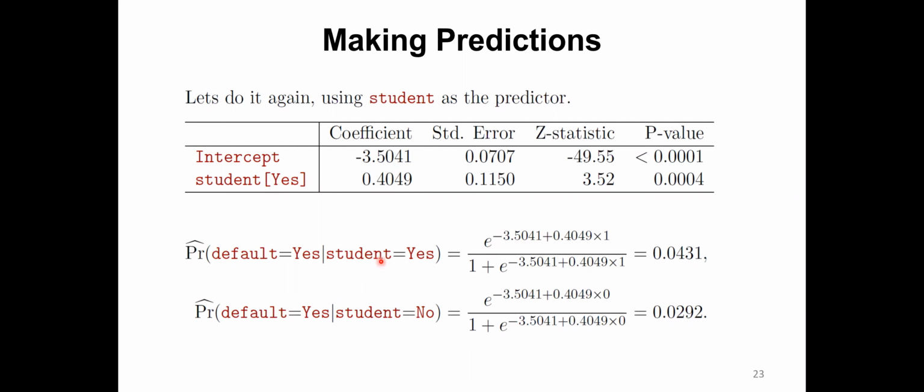Given that this credit card holder is a student, what's the probability of default? And given the credit card holder is not a student, what's the probability of default? This is 0.292. So this is another example with another predictor.